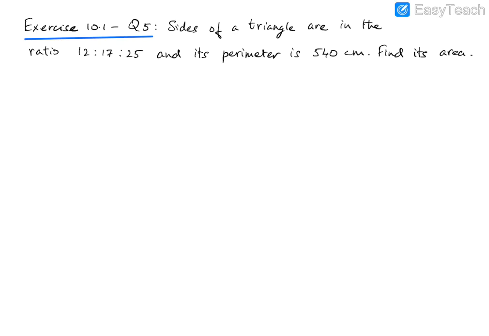So the perimeter can be written as 12 times x plus 17 times x plus 25 times x, and that is given to be equal to 540 centimeters. Okay, so x is the single unit of that perimeter, and each side has a certain multiple of that single unit.